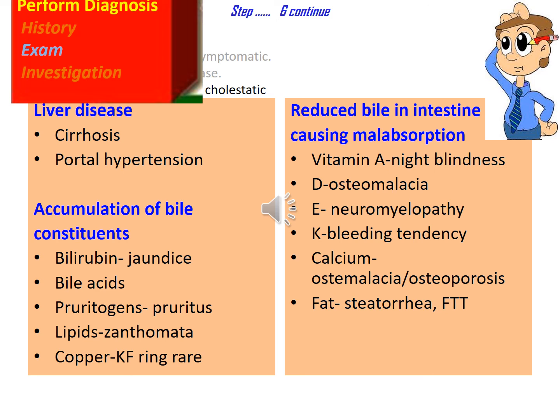Lipid accumulation causes xanthomata. If there is copper toxicity, Kayser-Fleischer ring, which is rare. Or we may find in general examination, in a case of cholestasis, reduced bile in the intestine causing malabsorption of fat-soluble vitamins, vitamin A, vitamin D, vitamin E, vitamin K, calcium, osteoporosis, osteomalacia, and so on.